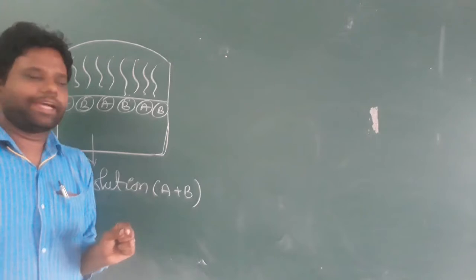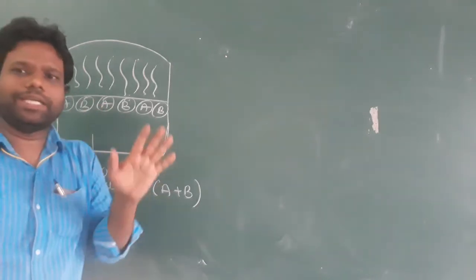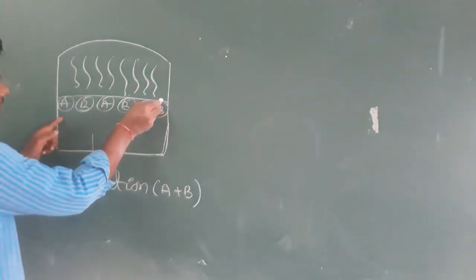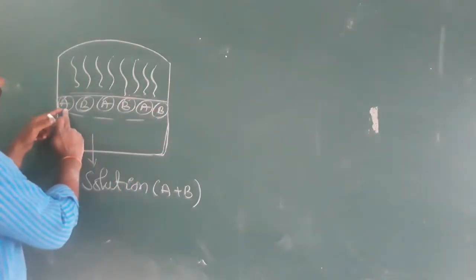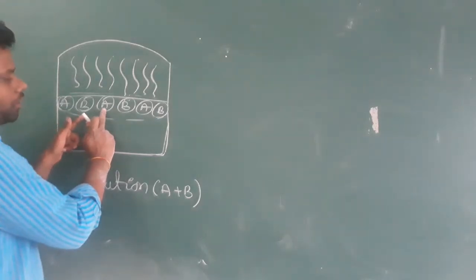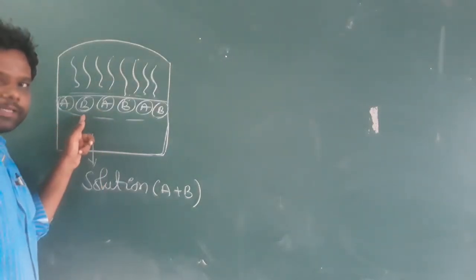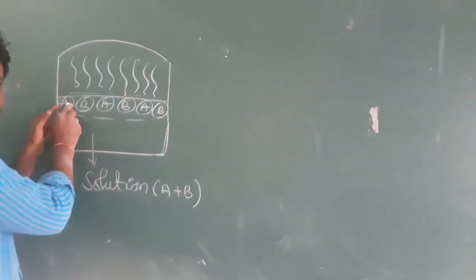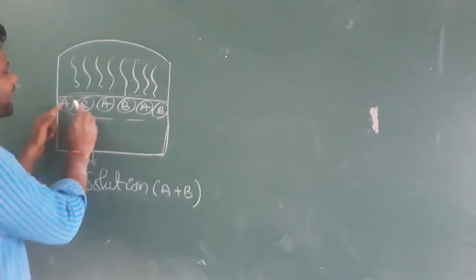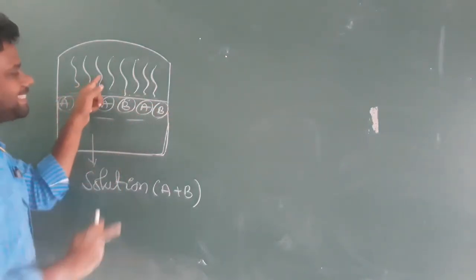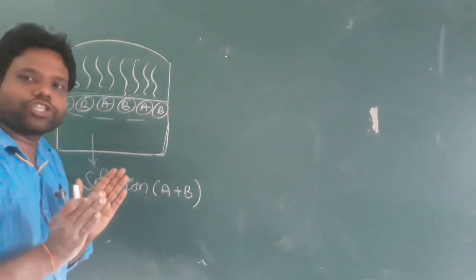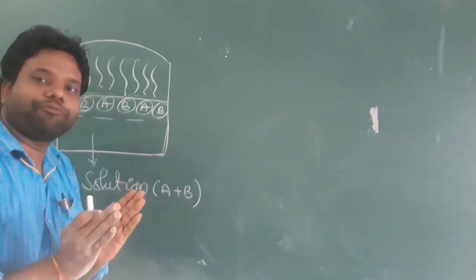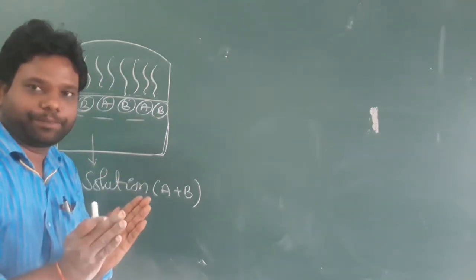In pure liquid, the entire surface is occupied by only solvent liquid molecules. In solutions, the entire surface is occupied by both solvent and non-volatile solute particles. That means the number of solvent molecules escaping from the surface of the liquid decreases. That means the vapor pressure of the solution decreases as compared to the vapor pressure of pure solvent.